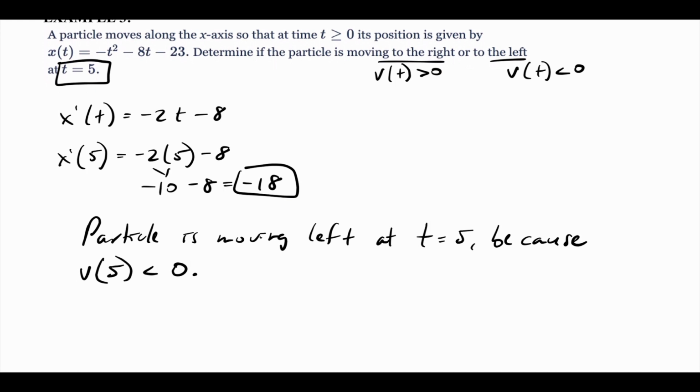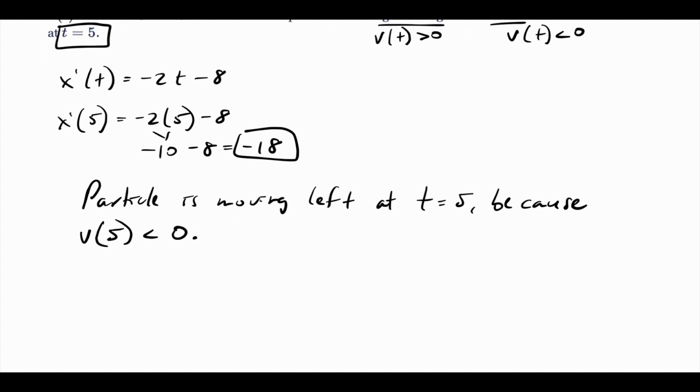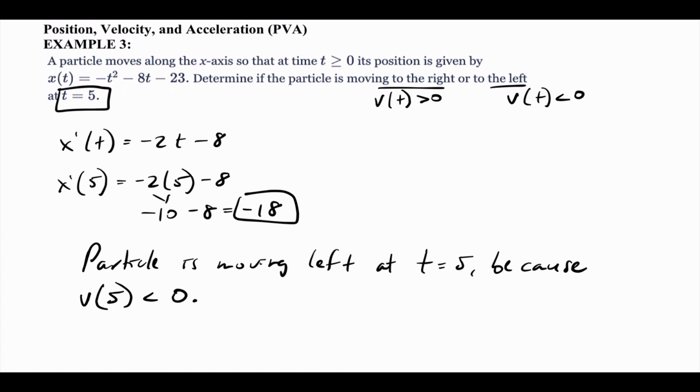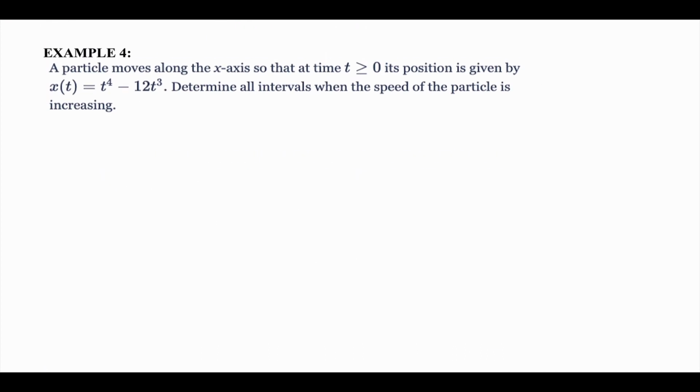How many times in this class have you found the derivative and plugged a number in? Too many times to count, right? This section isn't anything you haven't done. They just give it to you in the form of position, velocity, and acceleration. So the hard part is translating what they are asking me to do. And that's what that first page is there for.